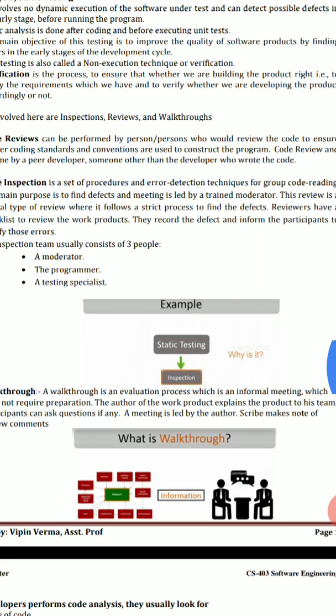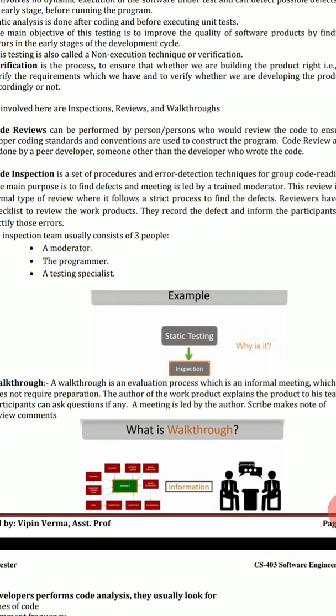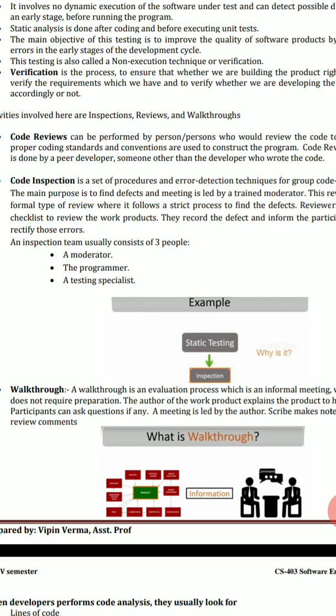So the moderator leads that team, and the technical or testing specialist performs the testing, but manually, not by executing that code. The programmer, who wrote that code, is also included in that team. They try to inspect that code. That's why this method is known as code inspection.